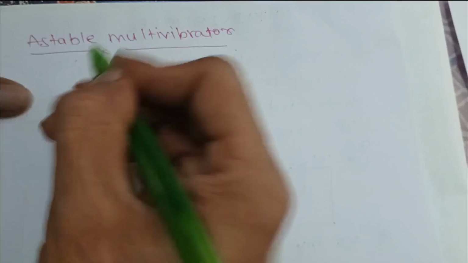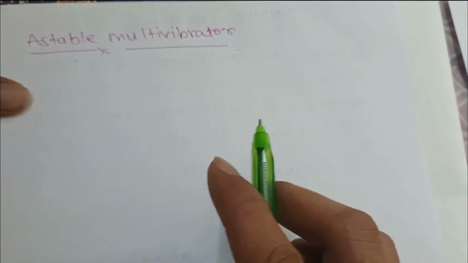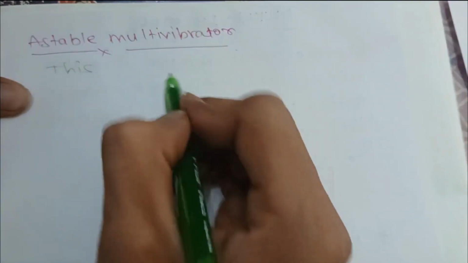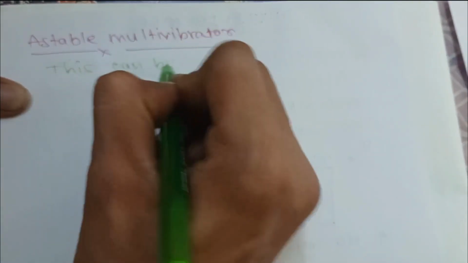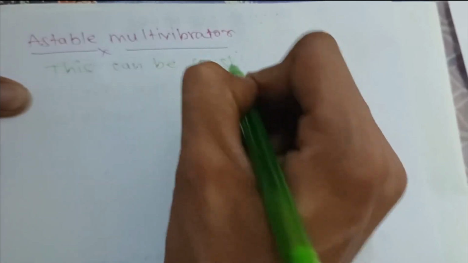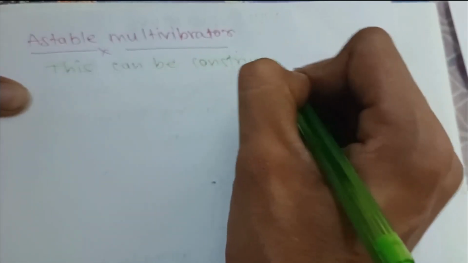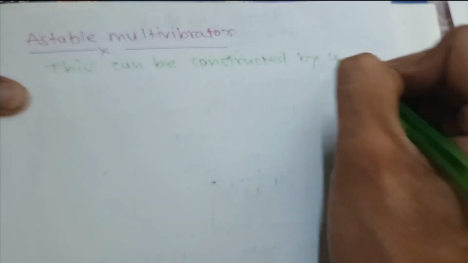So how can this be constructed using NOT gates? This can be constructed by using an odd number of NOT gates in a loop.